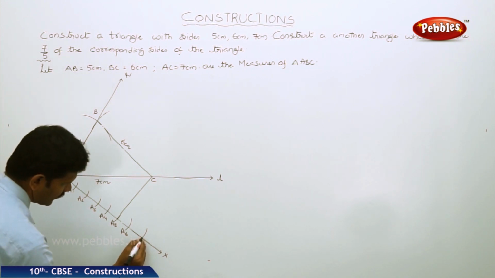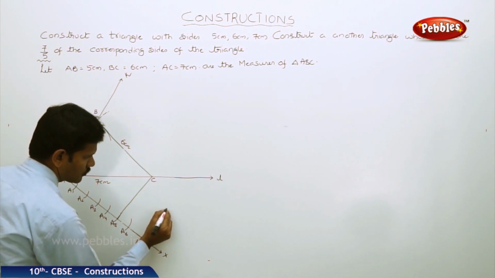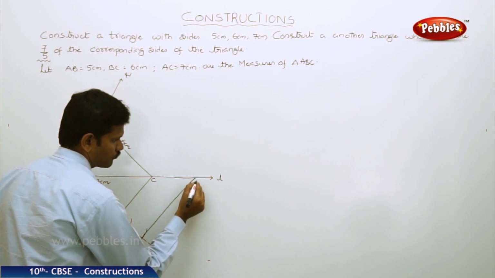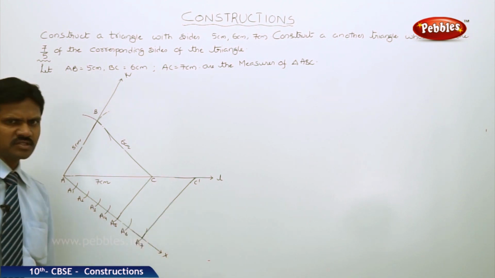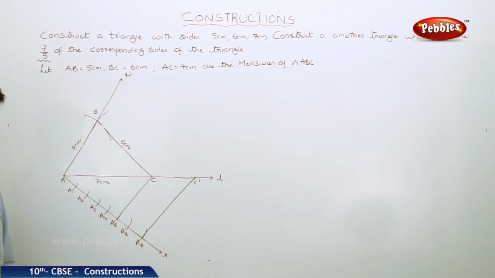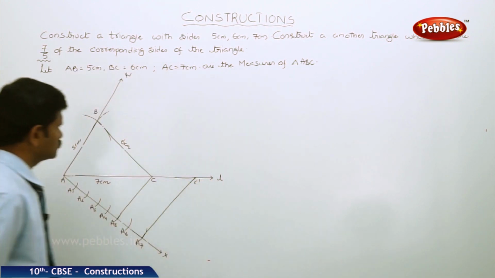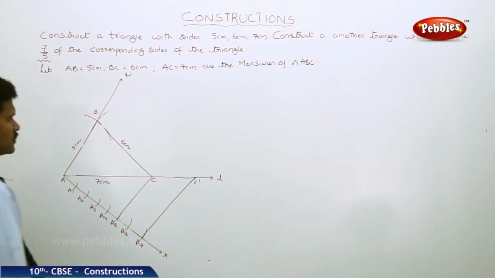Now draw a parallel line A7C dash to A5C through A7. Now again draw a parallel line to BC through C dash.